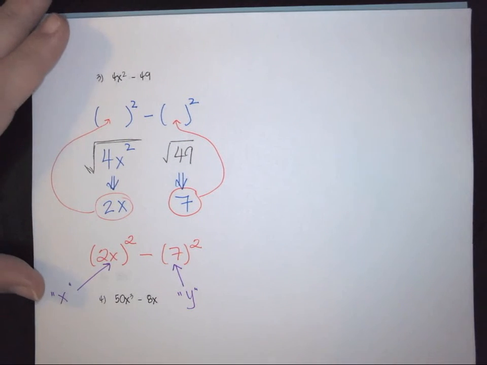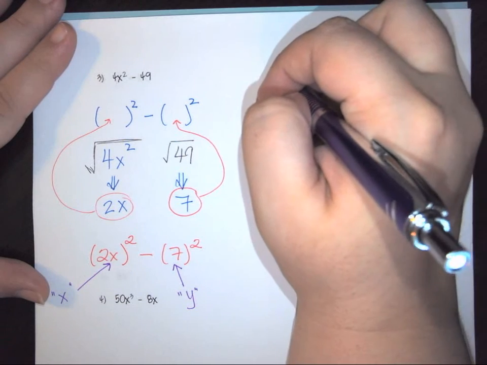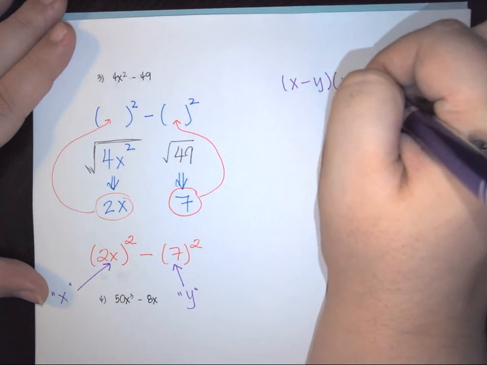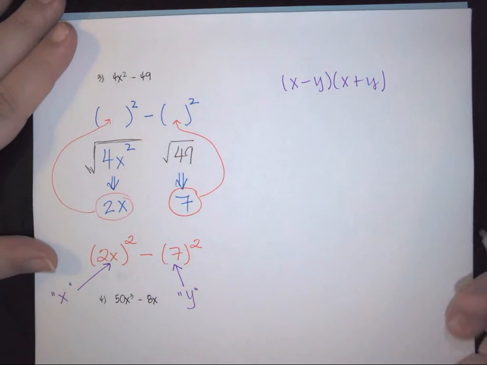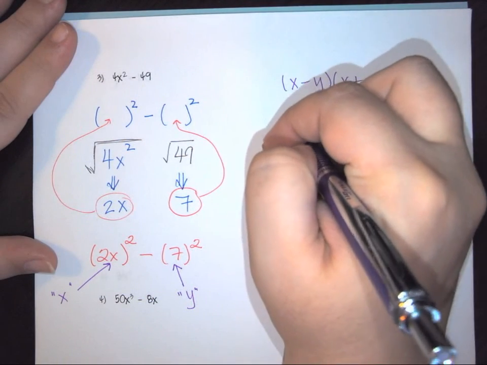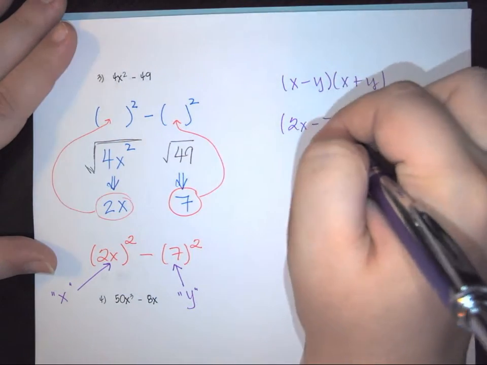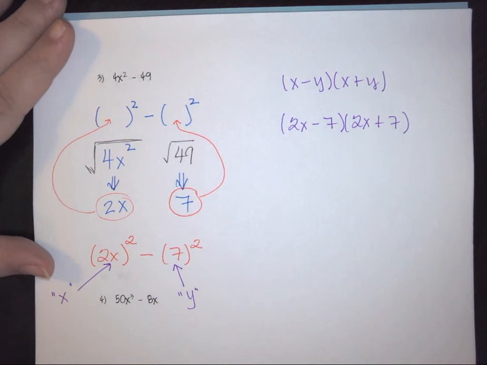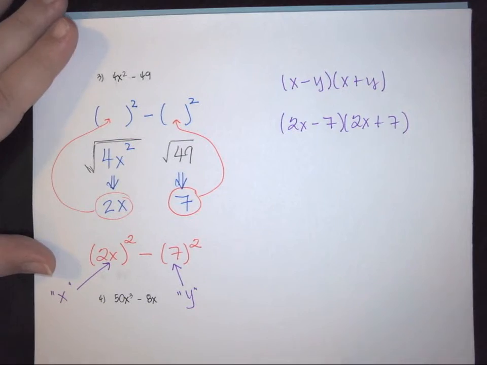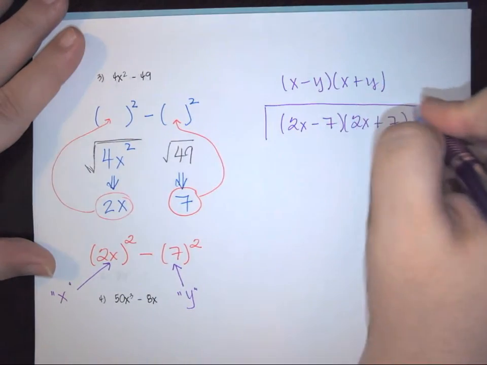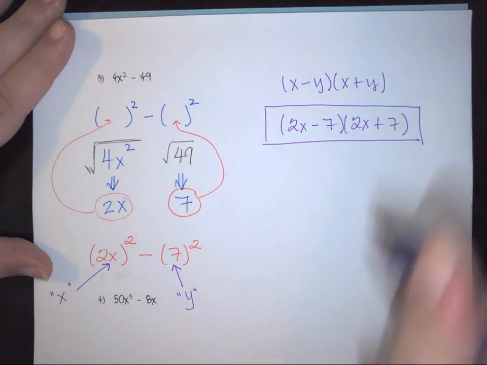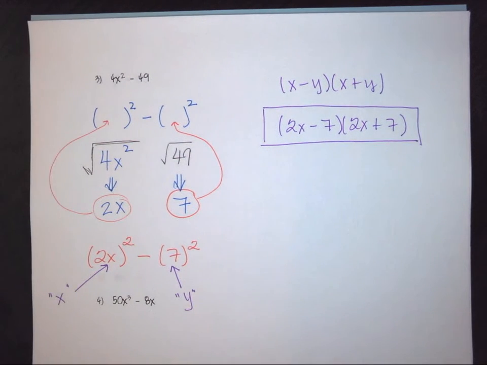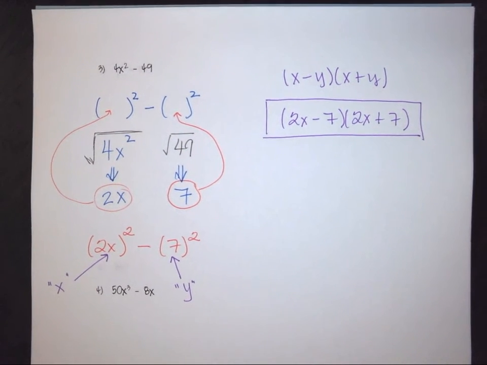That formula says we are going to do x minus y times x plus y. So here, this is going to be 2x minus 7 times 2x plus 7. And that would be everything I needed. Here are my factors. Now to check myself, I could simply multiply this together and you should get what you started with.